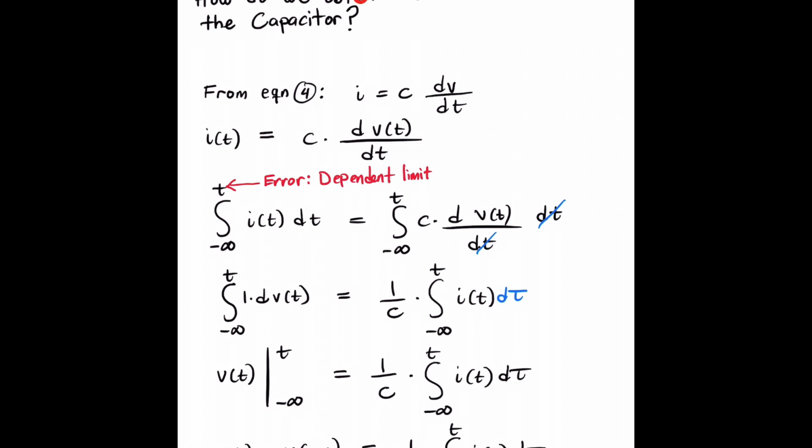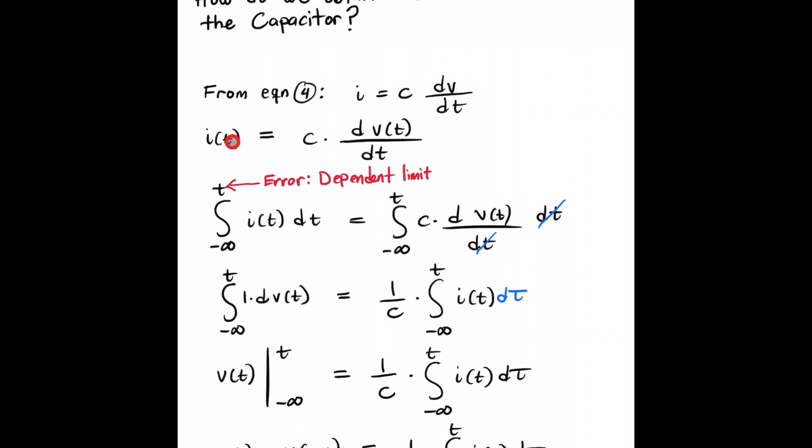How do we obtain the voltage-current relation of the capacitor? From equation 4, the current is equal to the capacitance times the derivative of the voltage. So i equals C times dv/dt.